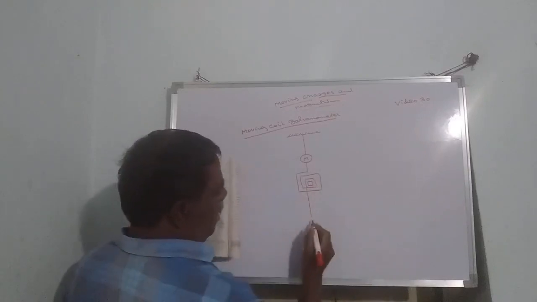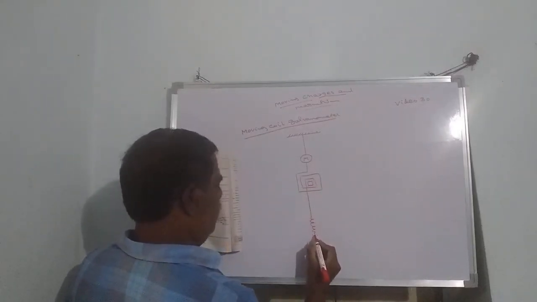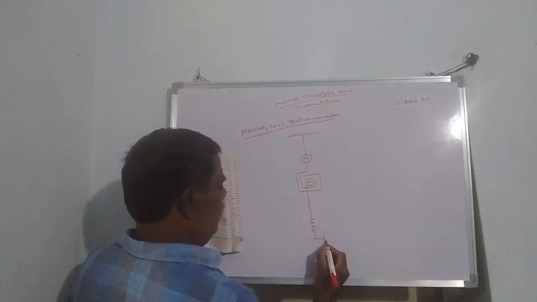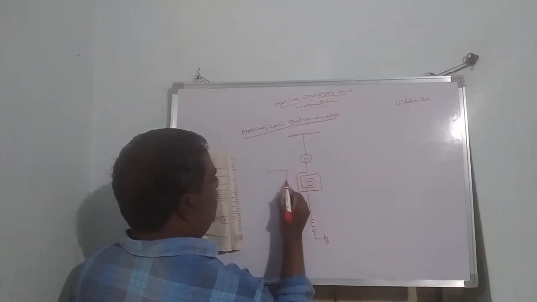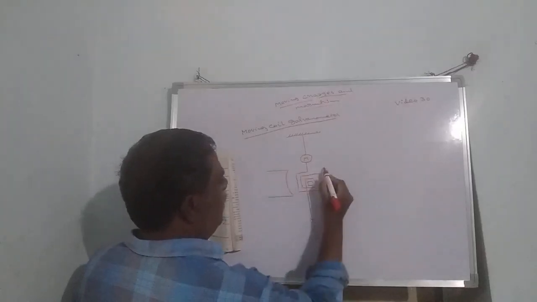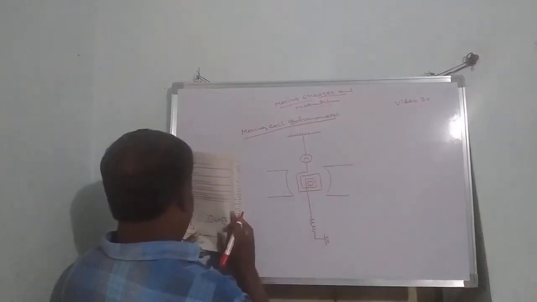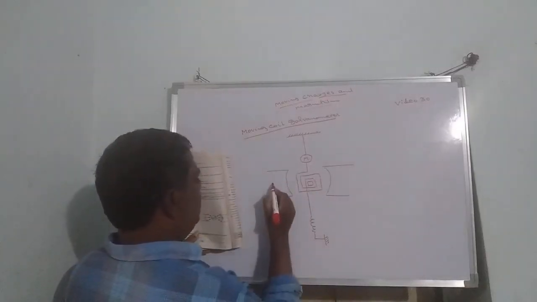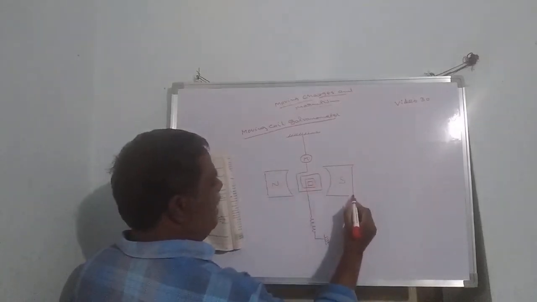The bottom of this is connected to a spring, to a fixed end like this. The coil is surrounded by two concave shaped magnets, N and S, which provide a radial magnetic field.